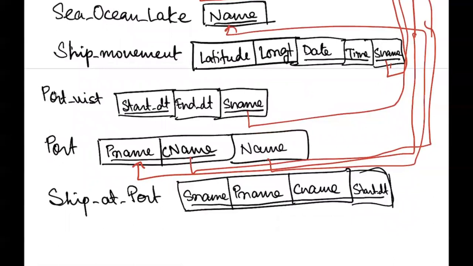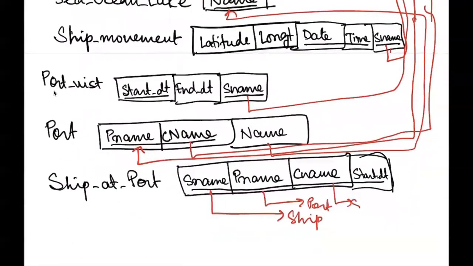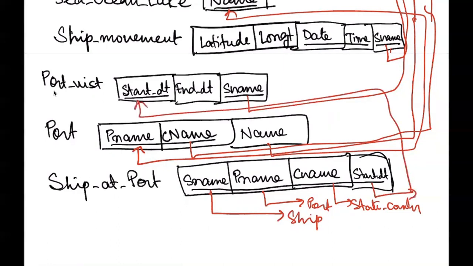And lastly, each of these: this will be to ship, I will not draw it. This will be to port. This will be to state country. And this start date would be to your port visit.